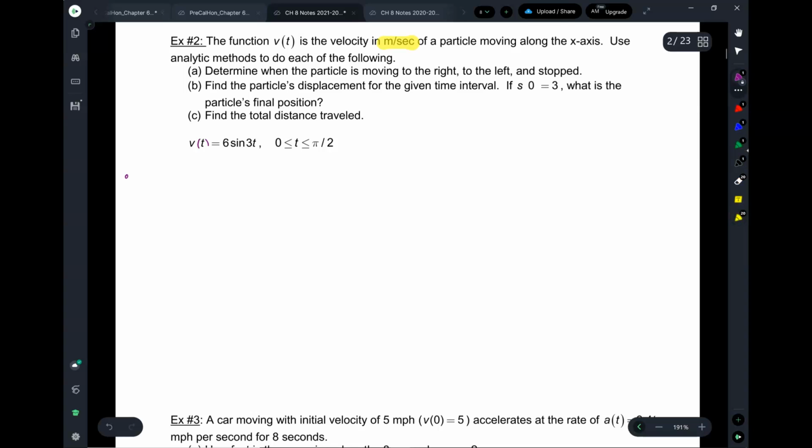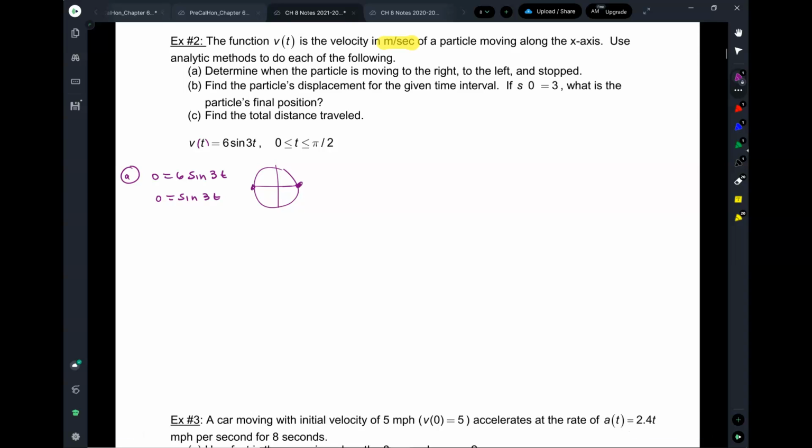So this time, I have 6 sine 3t. Set that equal to 0. So 0 is sine 3t. Now, on the unit circle, sine of x is 0 at 0 and pi.